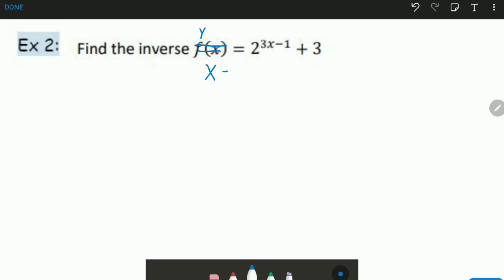So it's going to become x equals 2 to the power of 3y minus 1, and then we have our plus 3 off to the side. Now we just have to solve for y, so we're going to get rid of anything that's not a part of the exponential. The exponential is this, the number and its exponent. So we will subtract 3 on both sides, and x minus 3 is just going to be x minus 3.